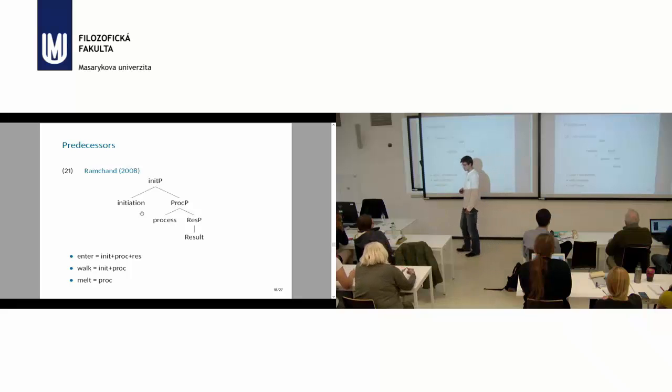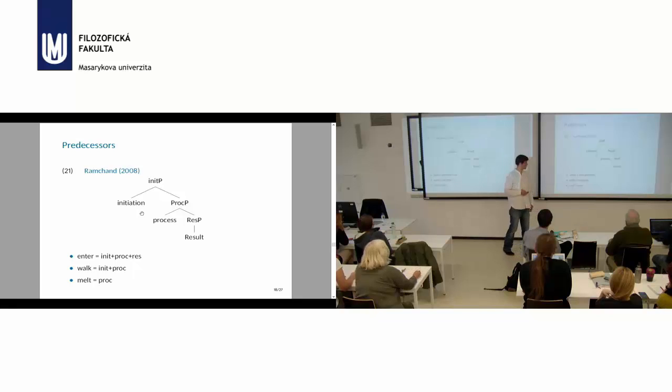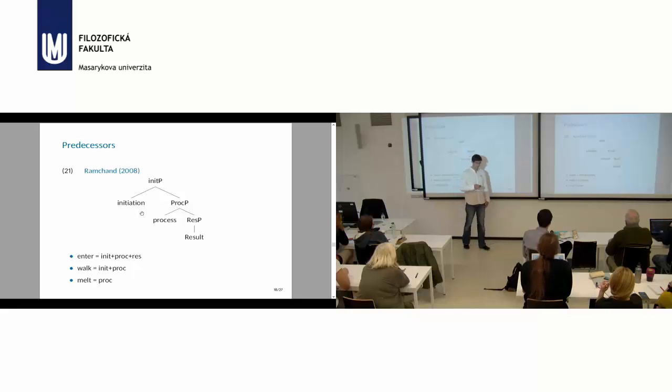Okay, so enter, classically, because of having this result component, in English is classified as a telic verb. And what telic verbs do is that you can modify the result, you can say he entered the room in a very short time.